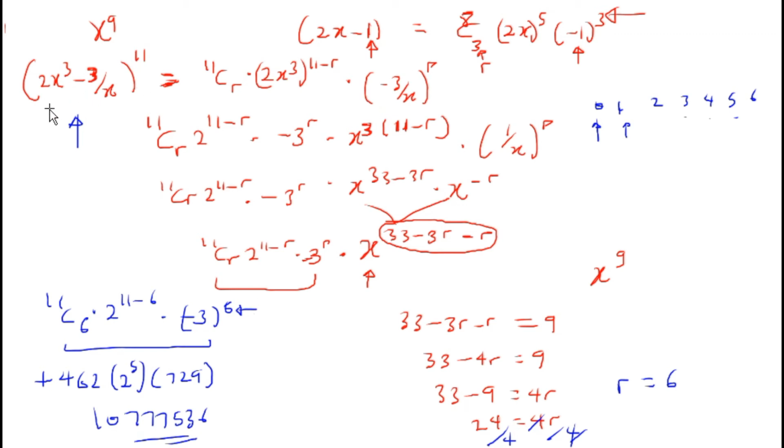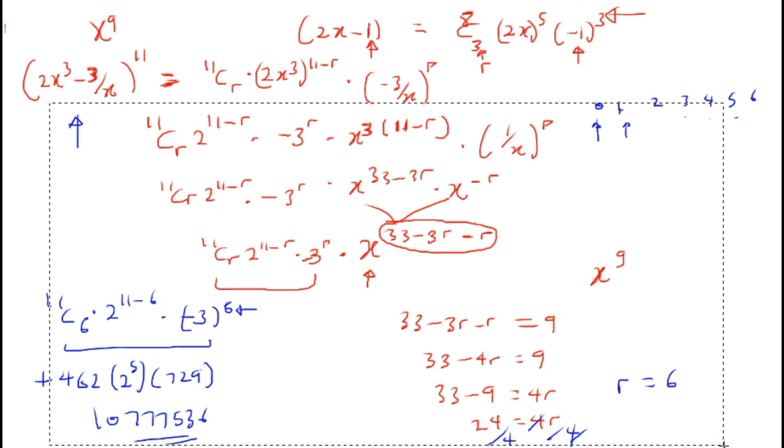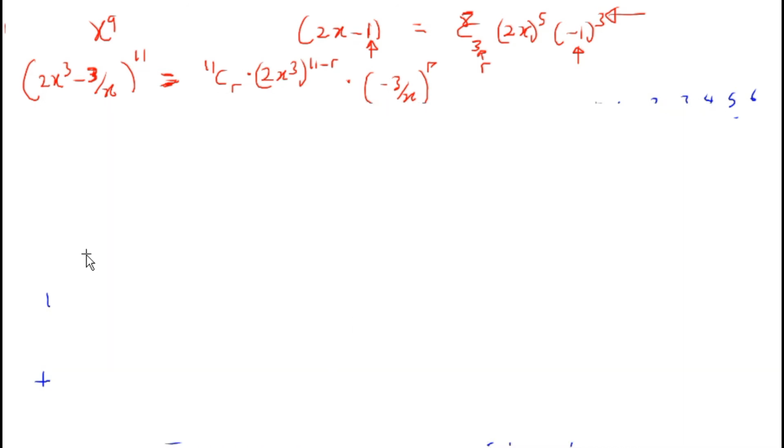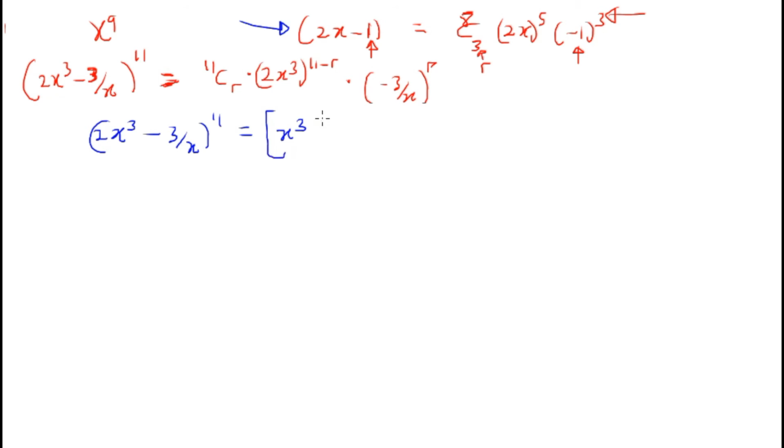Now let's do it in another way, a shorter and faster way, and I think a better way as well. If I want to bring x out of one side of the binomial, let's say I bring out x raised to power 3, then I should have something of this nature: 2 minus 3 upon x.